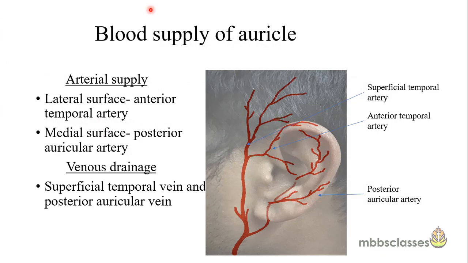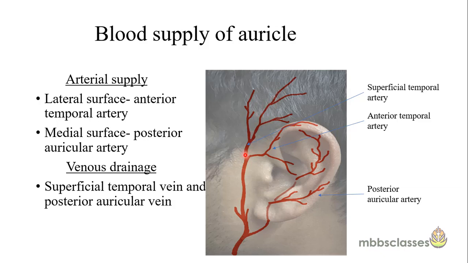Now let's see the blood supply of the auricle. The auricle or the pinna gets its blood supply from the branches of the external carotid artery. If you see here, this is the lateral surface. The lateral surface gets its blood supply from the anterior temporal artery, which is a branch of the superficial temporal artery.